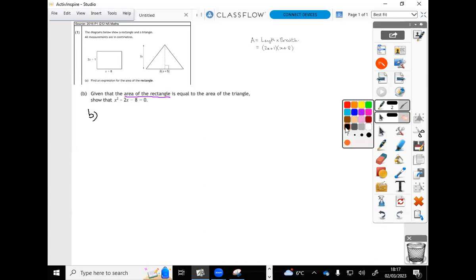We just found out that the area of the rectangle is (2x plus 1)(x plus 8). Now the area of the rectangle is equal to the area of the triangle.